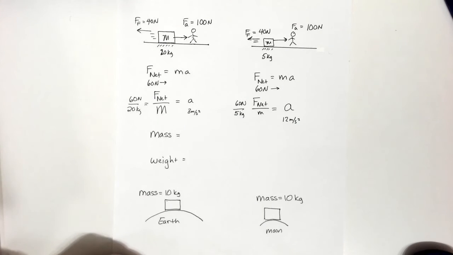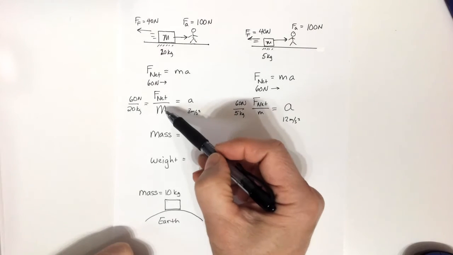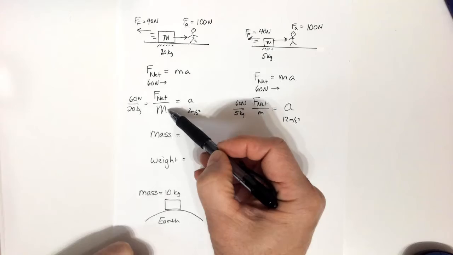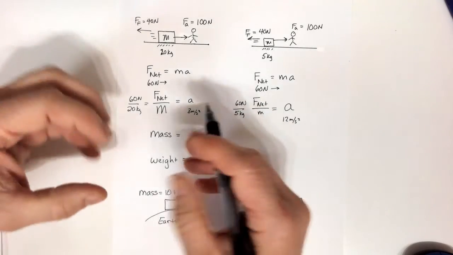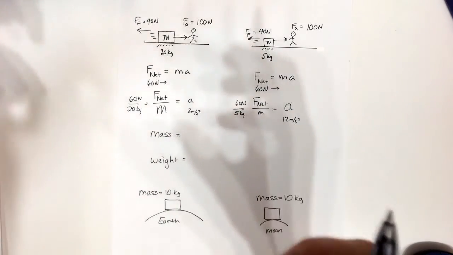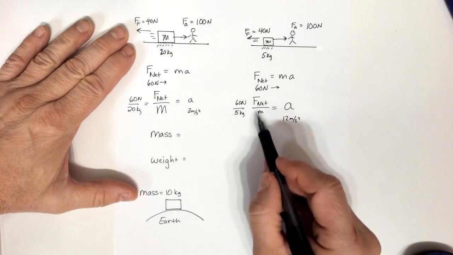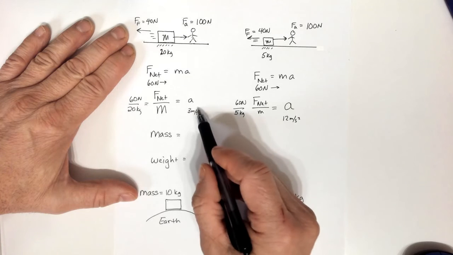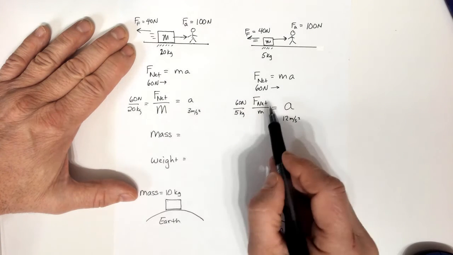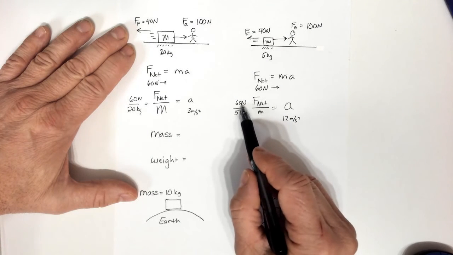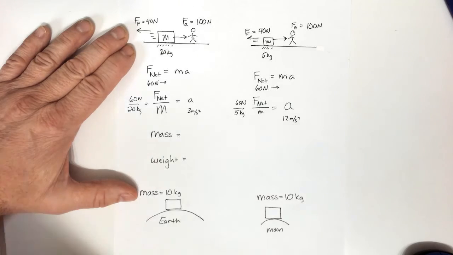So what I need you to understand is when the object is massive, and mass is due to the number of protons and neutrons and electrons and all the stuff that makes up the matter of that object. If the mass is large, then that's going to slow down how much that force can act. If the mass is smaller, then that force can have a greater impact and have more acceleration.